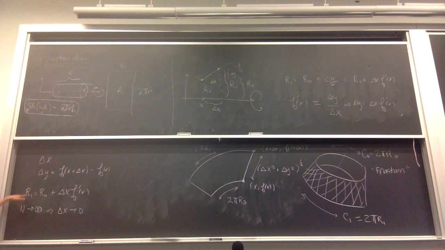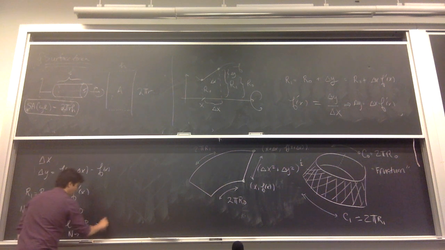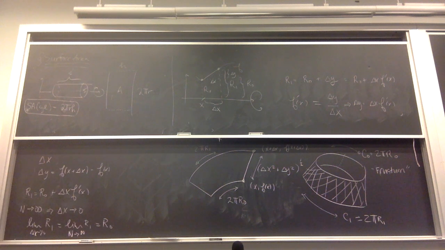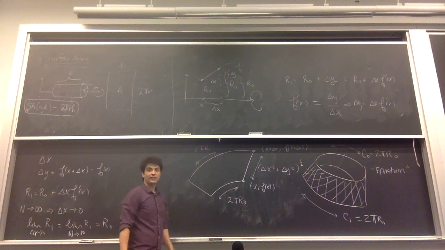So what does that mean about R1 when delta x is small? Equal to R naught. The limit as delta x goes to 0 of R1, which is the limit as n goes to infinity of R1, is equal to R naught. What does that mean about this shape when I make delta x tiny?